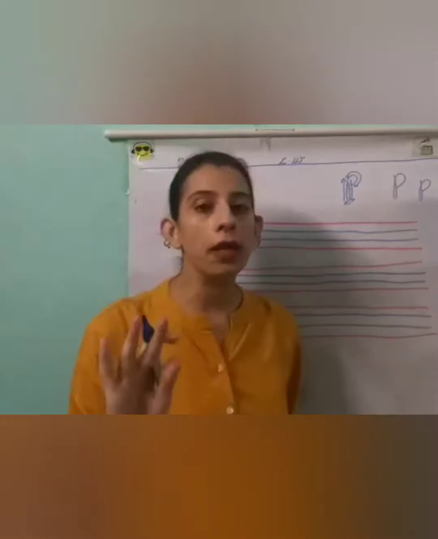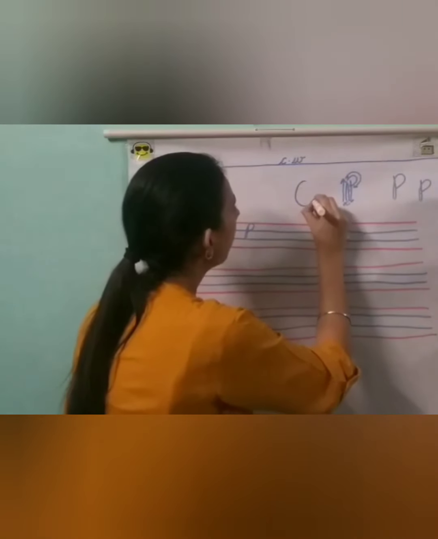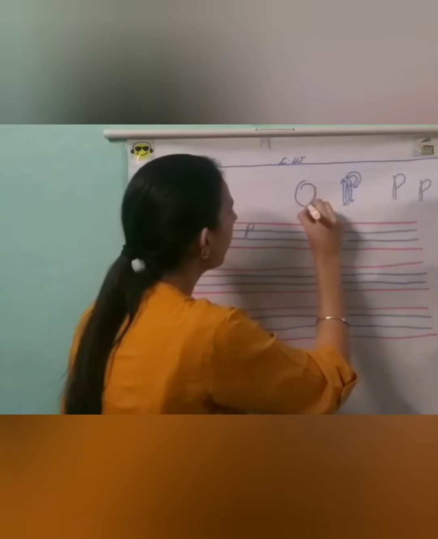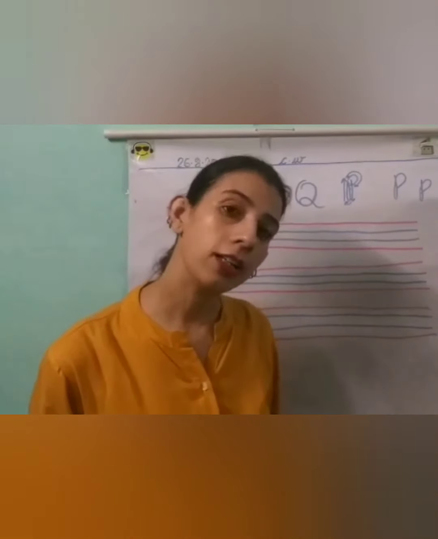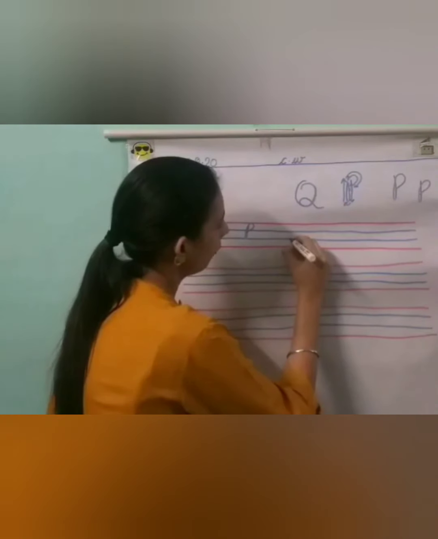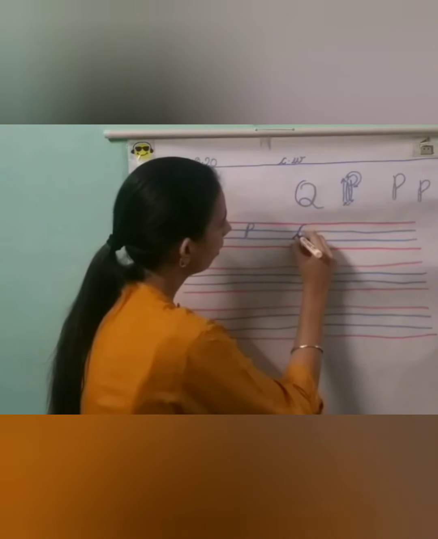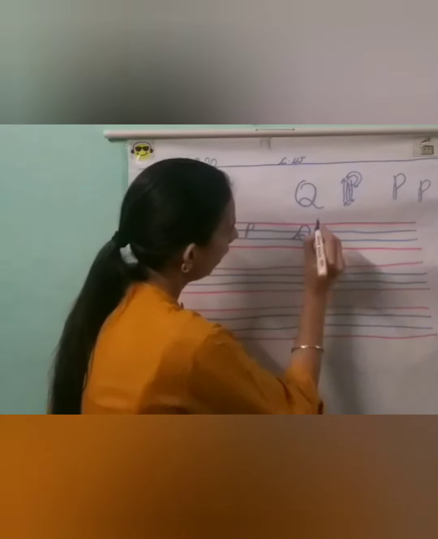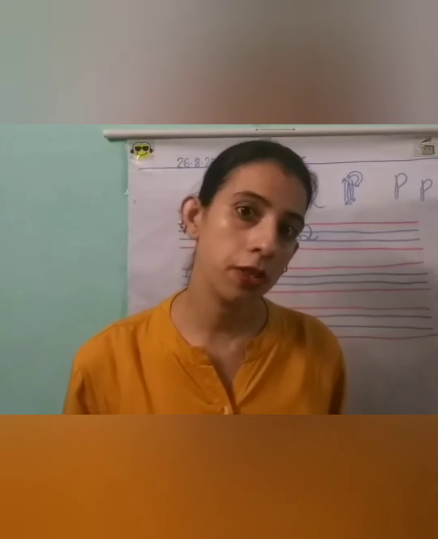See, there are two ways to write Q. First is we make a C, go up like this, come down again and this. One way is this. We can write Q like this also, and one is start from the blue line like this, curve and make an O, come down and make a Q. Now it's up to you which one you like, which is easier for you.